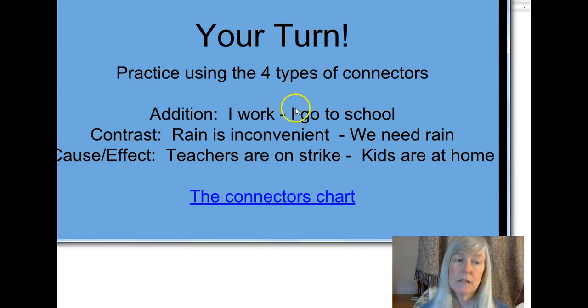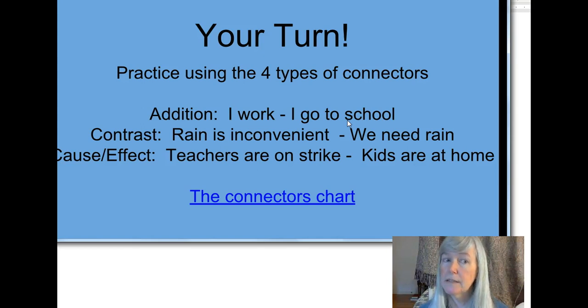For addition: I work, I go to school. I work and I go to school. I work. I also go to school. I work. In addition, I go to school. You can use many of the different connectors to express addition.